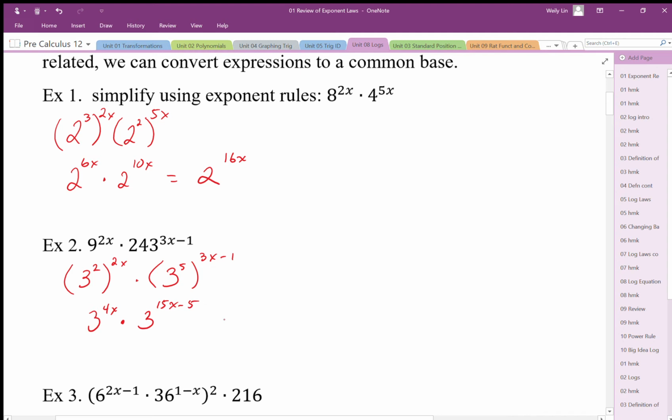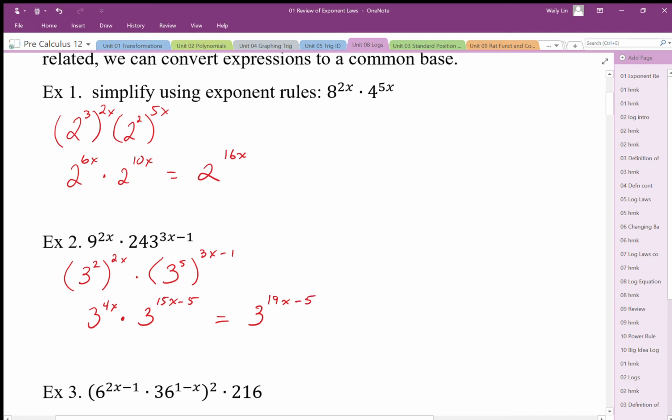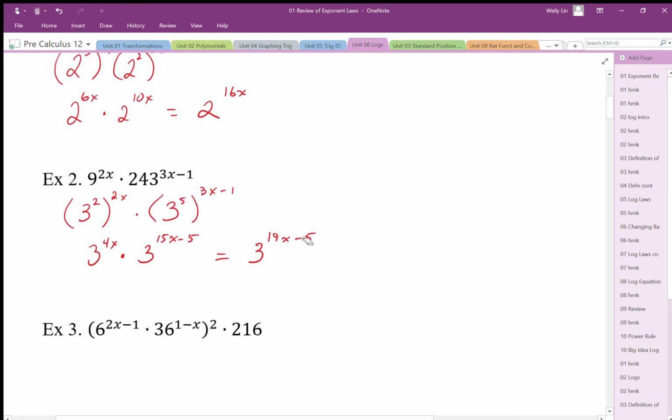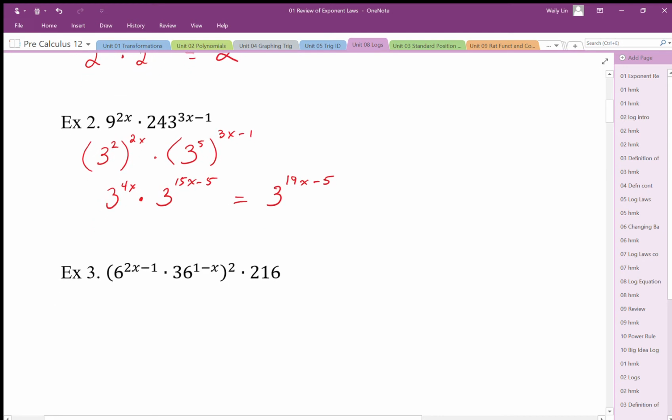These are common bases. We now are counting base 3, and we're going to count them up, so we're going to add them together. So we get 19x, and we're going to take away 5. And if we want to think of that takeaway, we're taking away 5 multiplied by 3, which really we take them away with division.